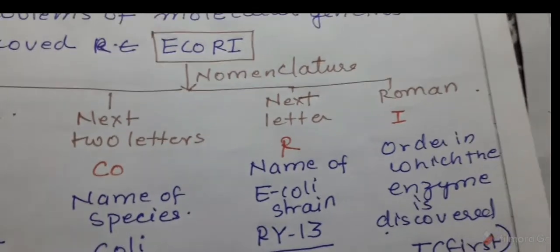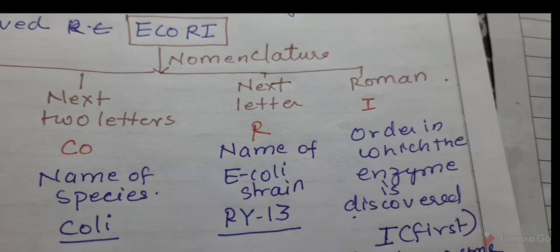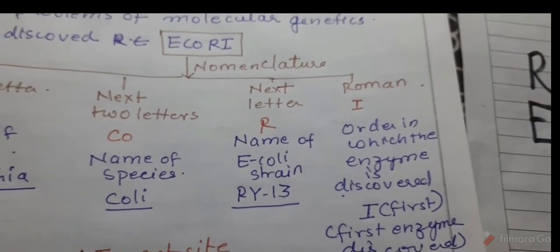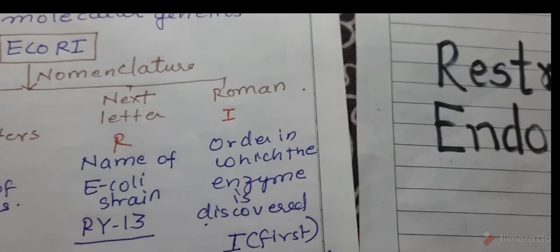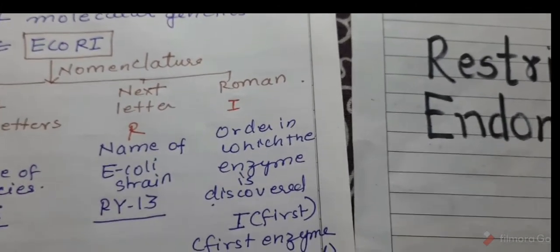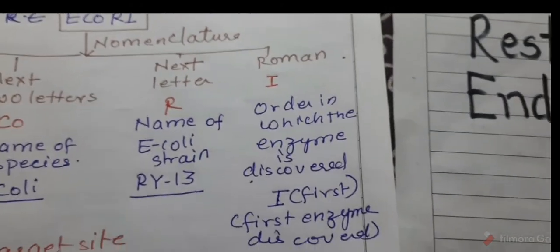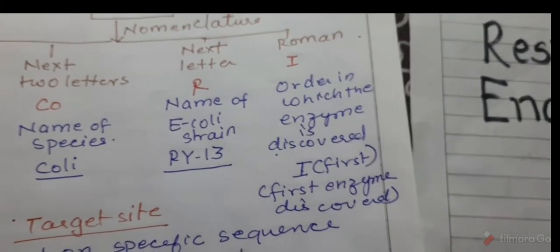R is the name of the strain, RY13, the E. coli strain with which they were working. And the Roman numeral is the order in which the enzymes were discovered. So EcoRI is the first restriction endonuclease that was discovered.